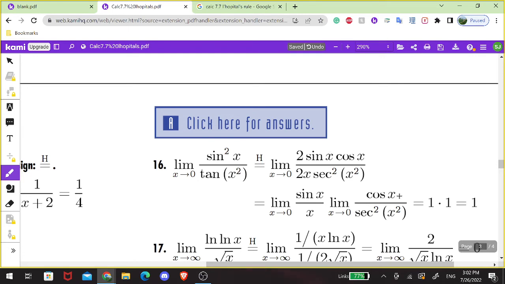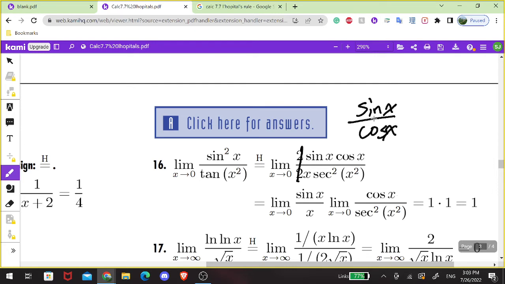Oh, okay. 2 sin x. The 2 and the 2 cancel each other out. Sin x over x is 1, because the derivative of sin x is cosine x, and the derivative of x is 1. So cosine x, that's 1. Let me explain this again.